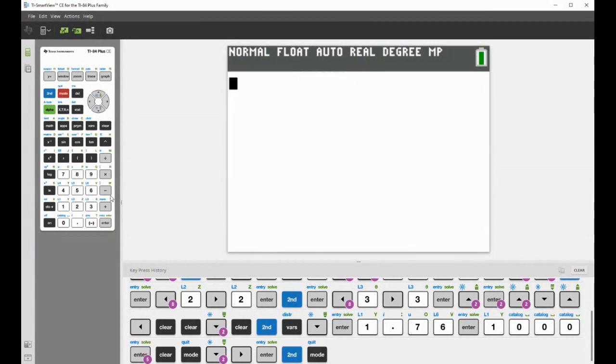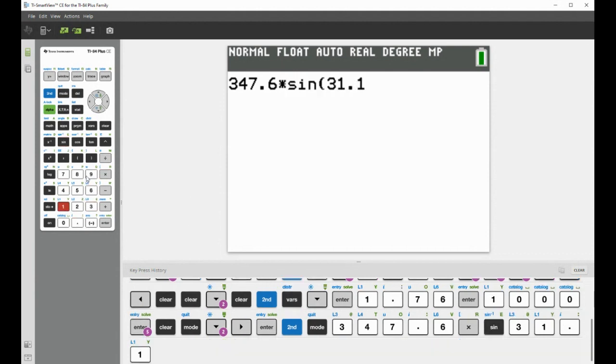Then let's type in 347.6 times sine 31.1, and don't put the parentheses before the coefficient.